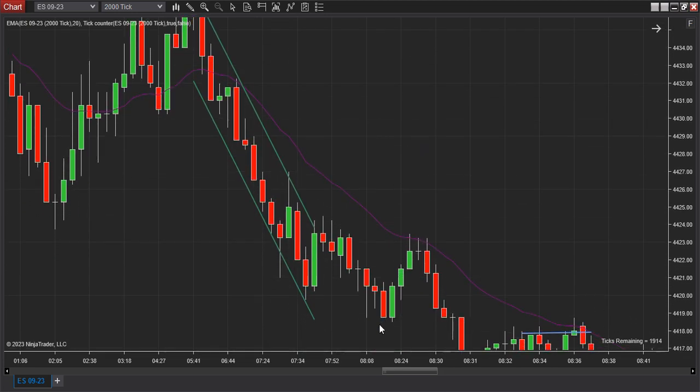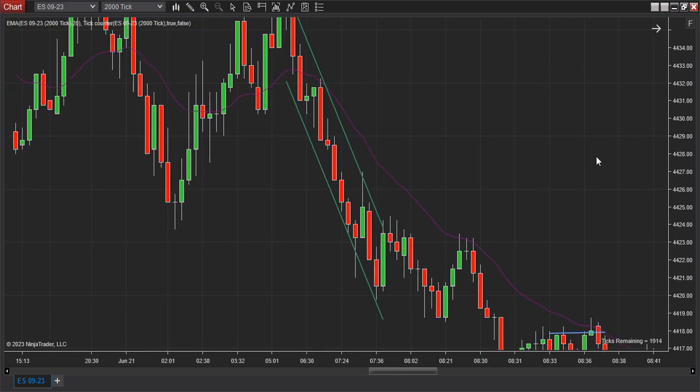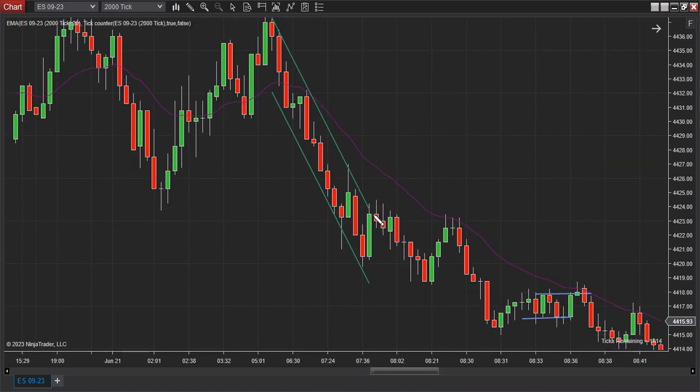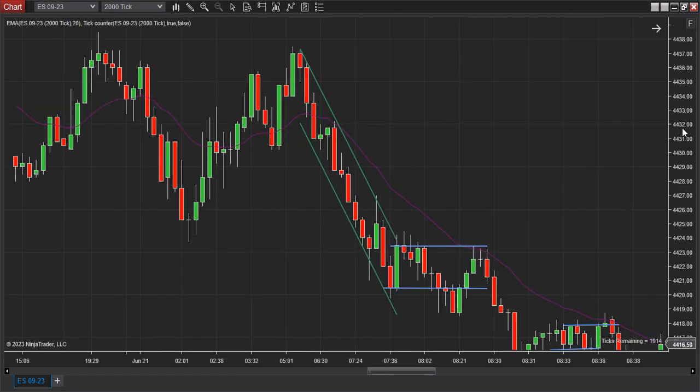This is a very common pattern here. Channel, range, new low. It's a bit of a rough range. You can say the range is here, you could say the range is here. It doesn't really matter. I'm going to say the range is here. Channel, range, new low.